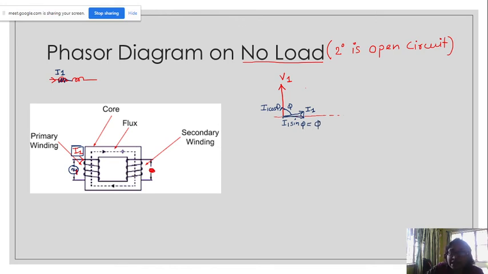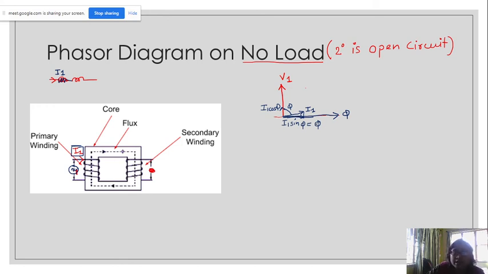So what is the phasor diagram of phi over here? Phi is here, which is 90 degree lagging from the applied voltage, and it is following I1. So this part of the current, I1 sin phi, is actually producing the flux.